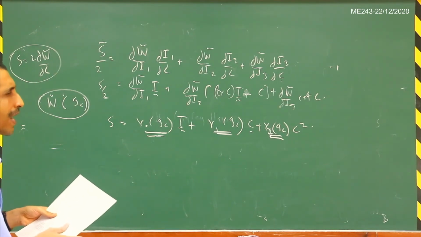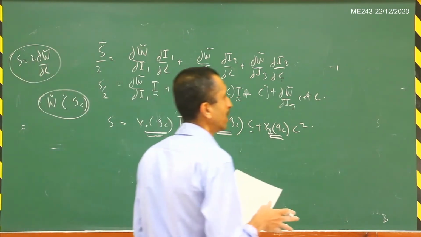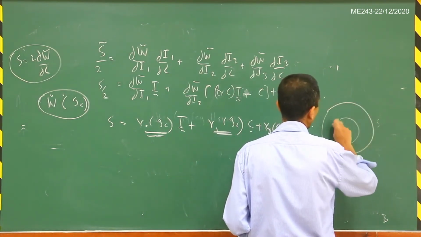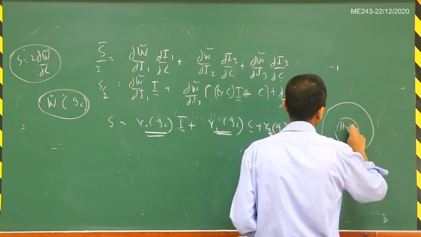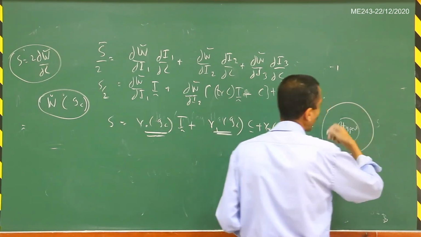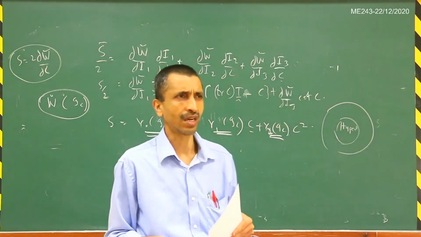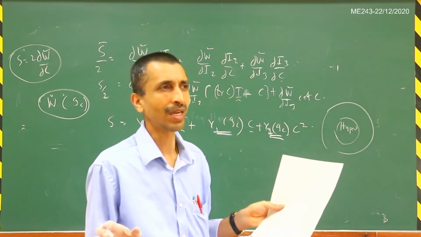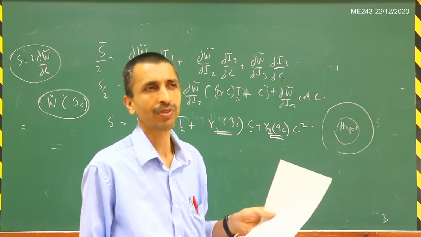As I said, strictly speaking, hyperelasticity is a subset of elastic materials, but if you see the literature, the moment they assume an elastic material, they will also assume hyperelastic.